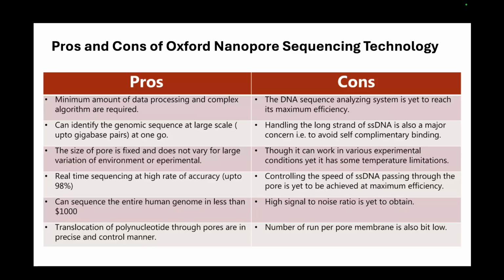Yeah, this can identify genomic sequences at large scales, as I was saying, because the read length is so large. The size of a pore is fixed and does not vary for large variations of the environment or experiment. Real-time sequencing at a high rate of accuracy, it's 98%.